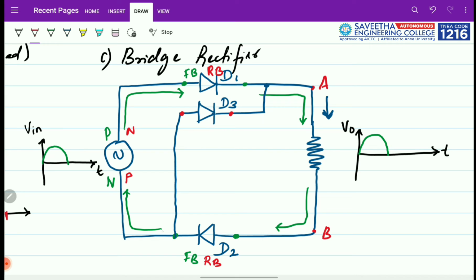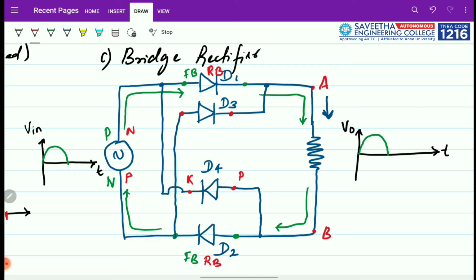You can see the anode getting connected to the phase of the second half cycle, and this cathode is connected to the load. Then I bring the return path: I take a branch here again and connect it across like this. This is D4. You can see this anode is again connected to the phase of this circuit, and this cathode is connected to the negative part, that is the return path or neutral path.